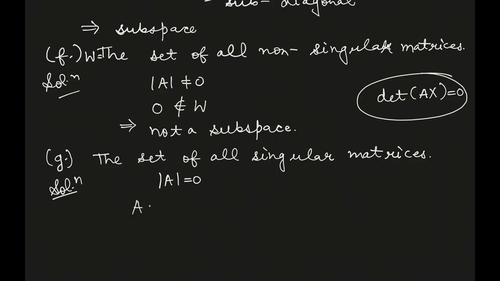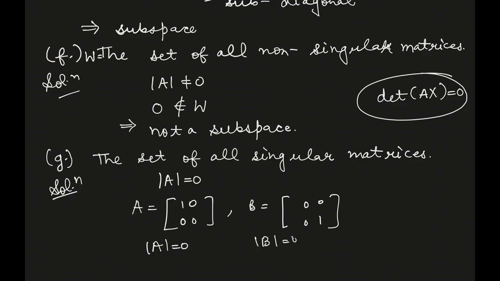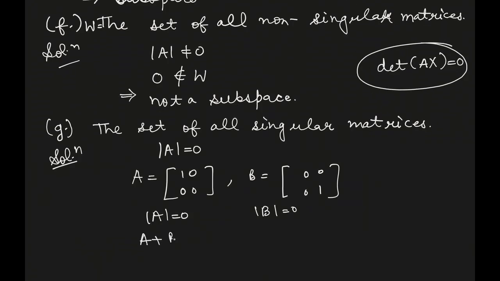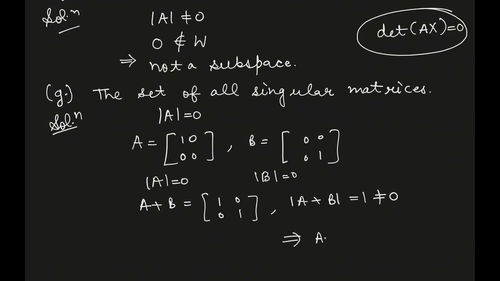If I take A matrix as 1 0 0, B matrix as 0 0 1, clearly determinant of A is 0, determinant of B is 0, but determinant of A plus B is non-zero. So A plus B will not belong to W. So it is not a subspace.